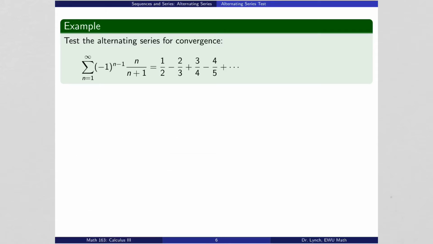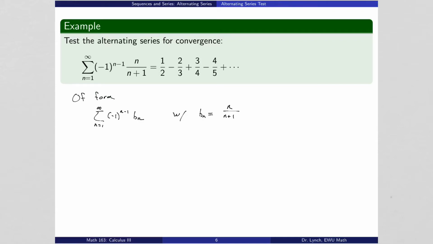Here's a second example. The following series is the sum n equals 1 to infinity of minus 1 to the n minus 1 times the quantity n over n plus 1. So again, we'll recognize this as an alternating series. In this case, b sub n is n over n plus 1.